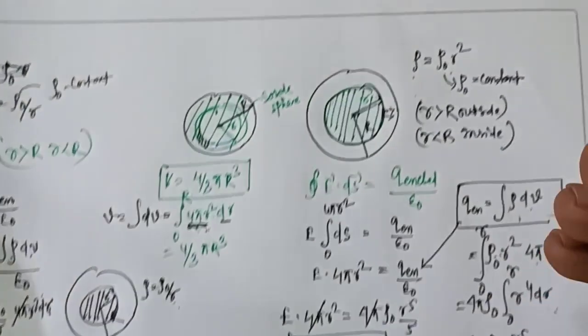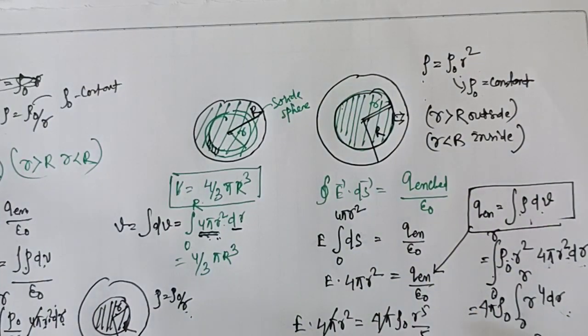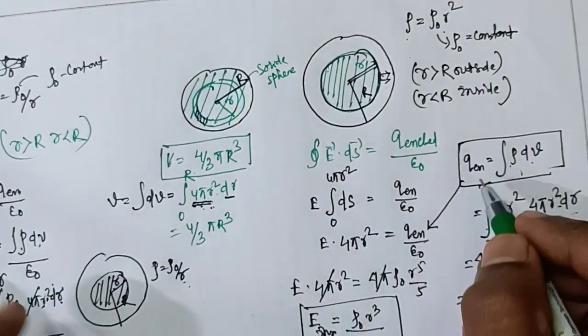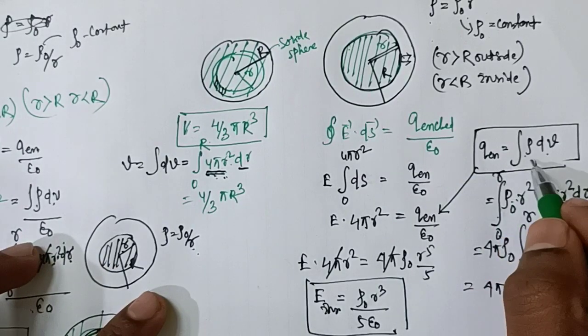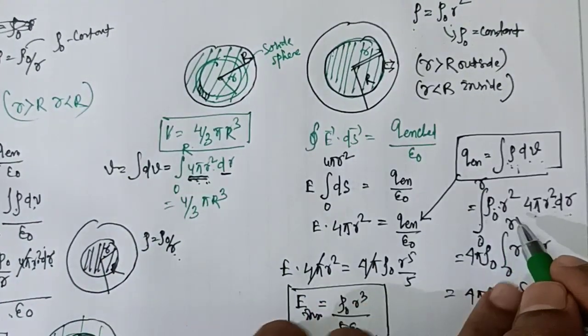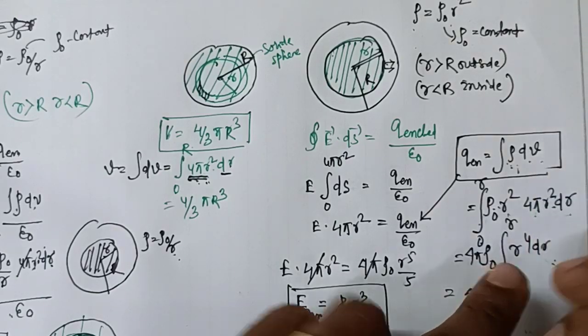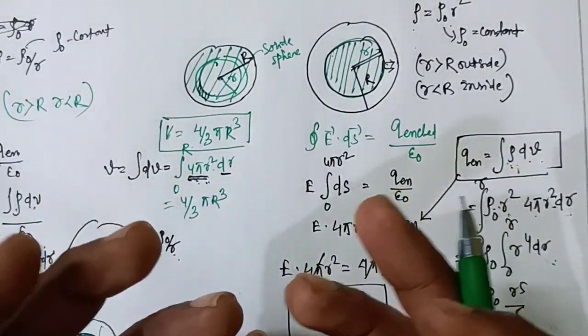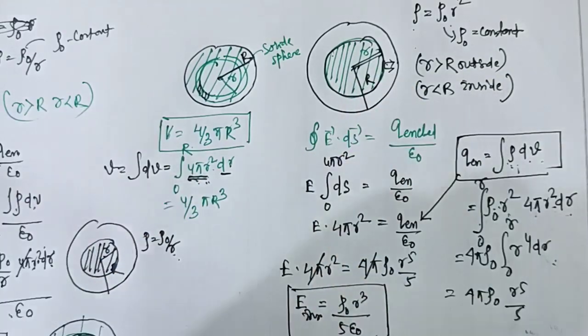When this kind of question is asked for a solid sphere, where the charge enclosed is asked, it must be in your mind that it is the integration of rho dV, whatever the value of rho given, you just substitute there. And dV is what? Elementary volume.